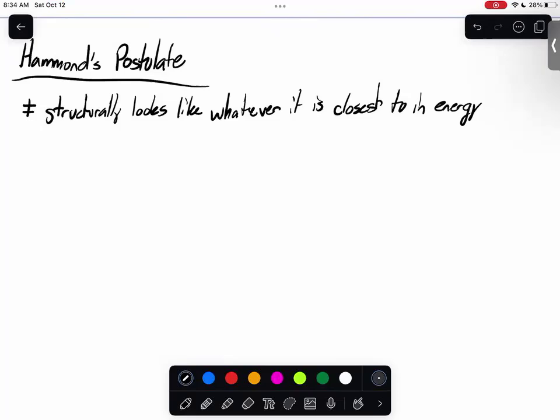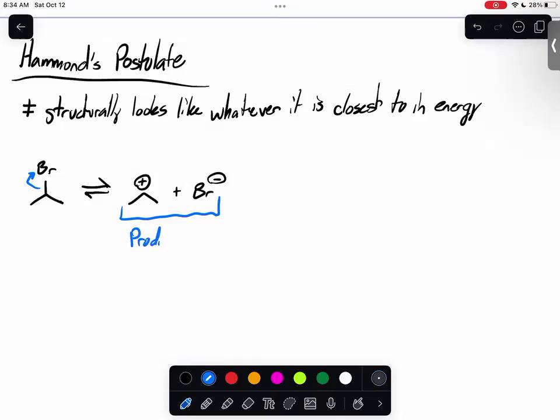So looking at this reaction once again, right, we've drawn it out multiple times, but one thing that you need to look at is if the transition state structurally looks like whatever it's closest to in energy, it's essentially saying is it going to look more like the products or more like the reactants? The products over here are completely dissociated, right? And so what that's telling us is if it looks like the products, it's really not going to look like there's much of a bond there, right?